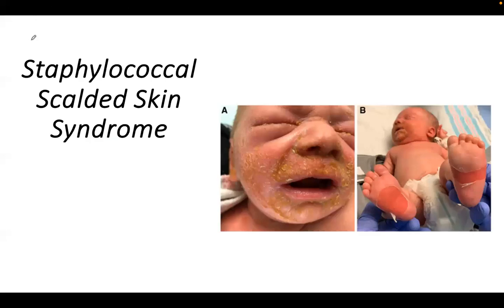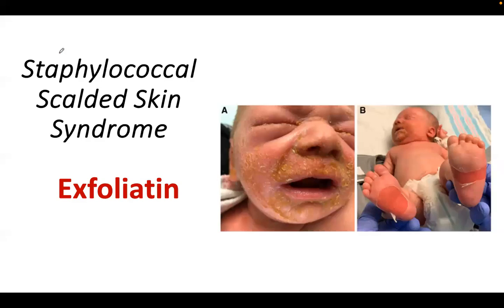Now, next, we have staphylococcal scalded skin syndrome. This is, of course, caused by which toxin? Which toxin does Staph aureus produce, which causes staphylococcal scalded skin syndrome? Please take note of this. This is exfoliating.